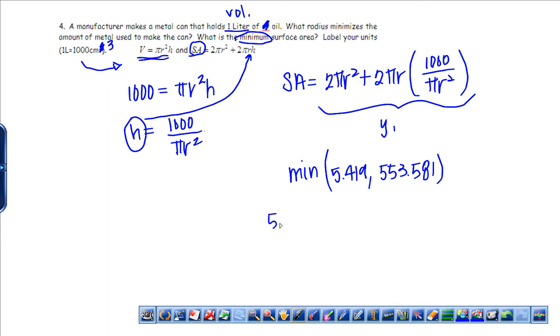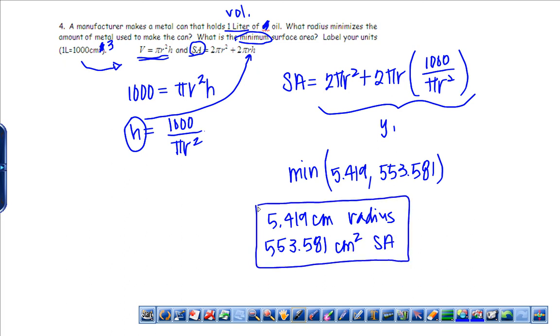So this is going to be 5.419 centimeters, and this is your radius. And the next one is going to be your surface area. So this is 553.581 centimeters squared, and this is your surface area. Since it's surface area, it's squared. Okay, this is it.